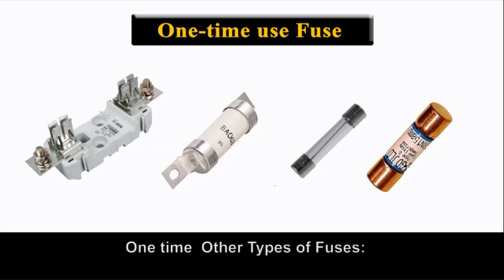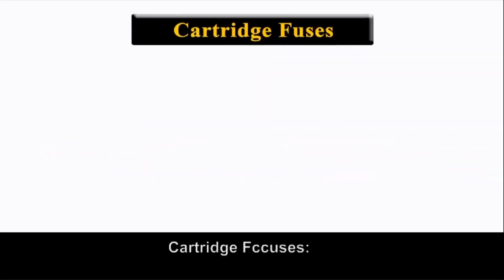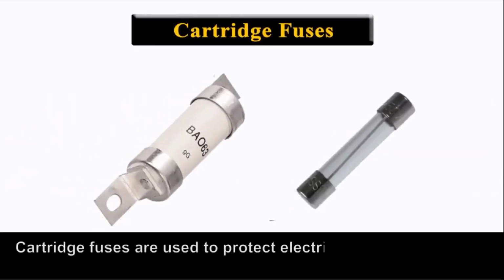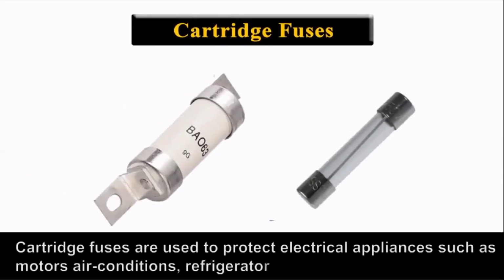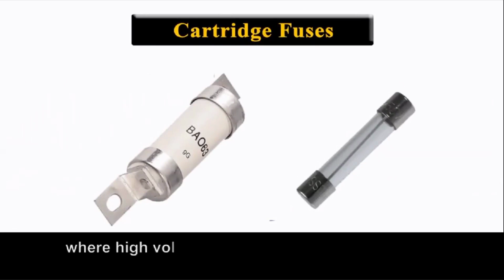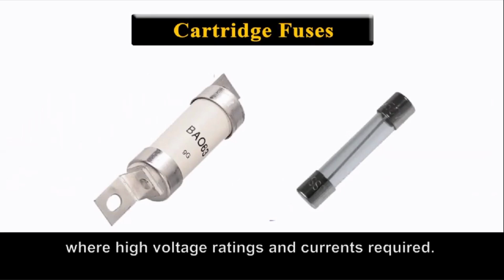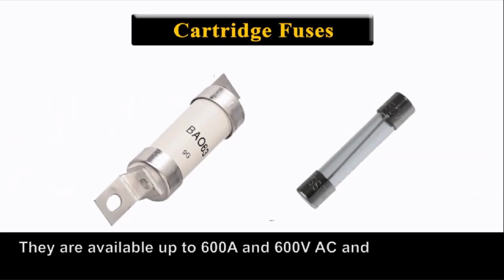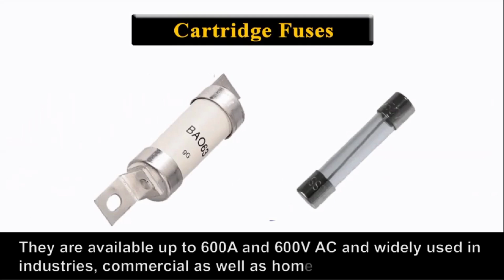One-time use fuses have other types. Cartridge fuses are used to protect electrical appliances such as motors, air conditioners, refrigerators, pumps, etc., where high voltage ratings and currents are required. They are available up to 600 ampere and 600 volt AC and widely used in industrial, commercial as well as home distribution panels.